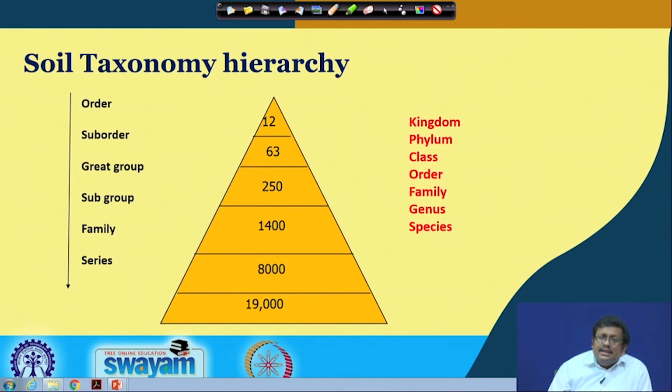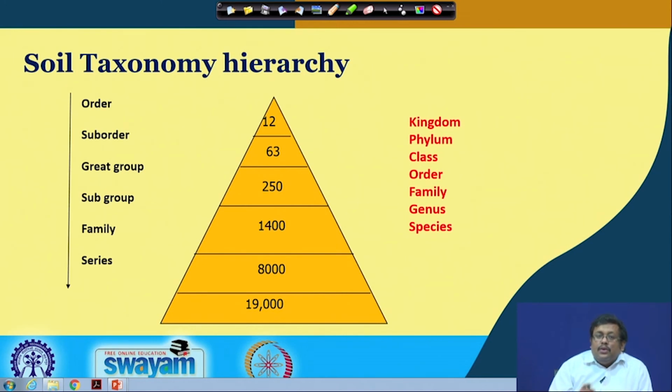This is the major or stark difference from other, previously described genetic and morphogenetic systems, that you can describe or classify any soil based on measurable soil property.